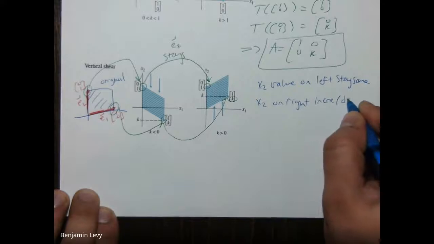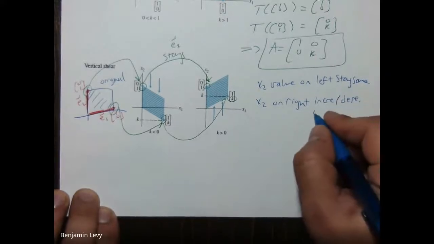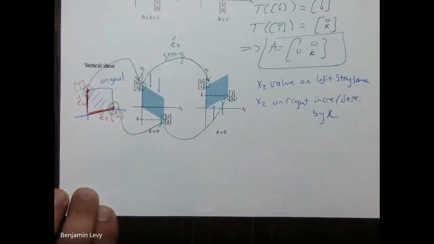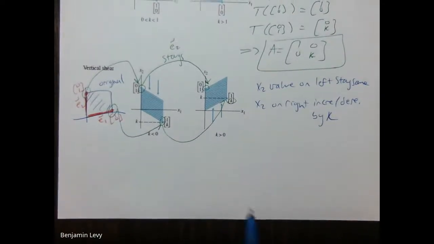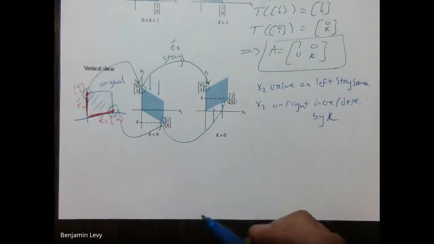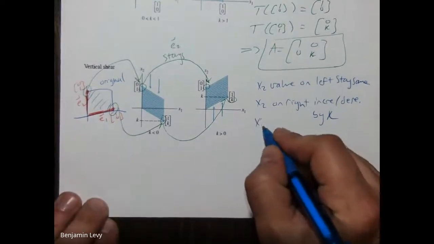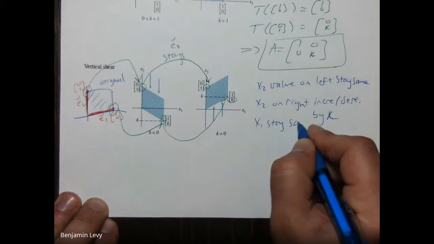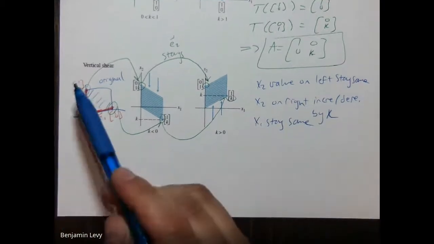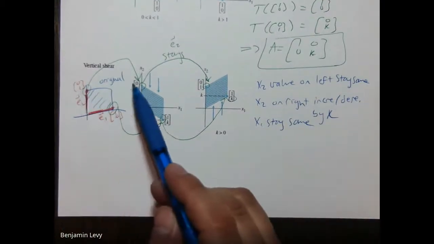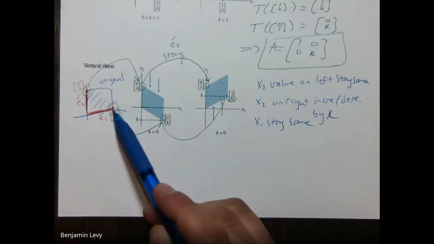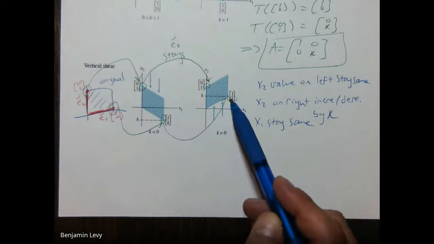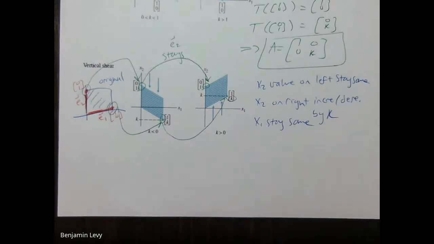Increases or decreases by k. And x1 in all these cases is always staying the same. In other words, when we apply the transformation to 0, 1, it stays the same, and when we apply the transformation to 1, 0, it becomes 1, k. Right? And so those are going to end up being our columns.